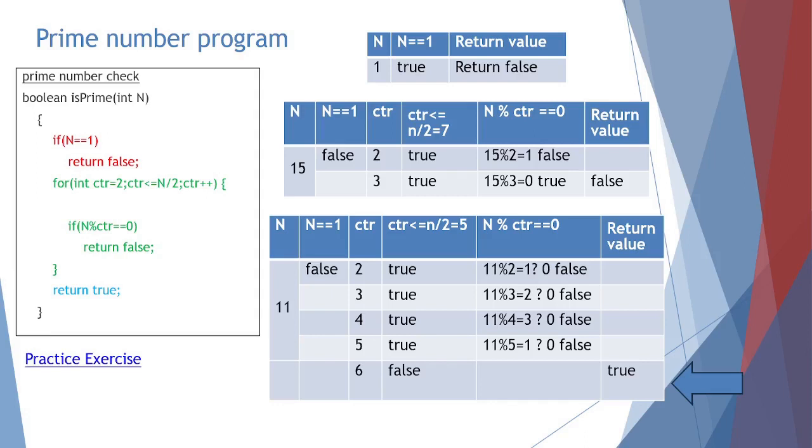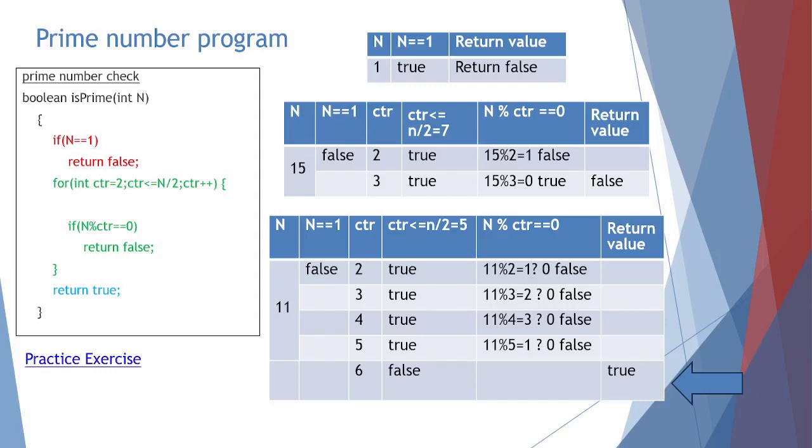So the first dry run, right side, n is 1 input. If n is 1 is true, then return false because it is not a prime number. Second case, n is 15, which is a composite number, but the program has to decide. n is 1, false, so no problem, control reaches the for loop.